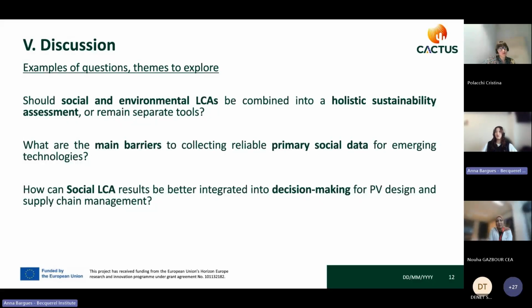What are the main barriers to collect reliable social data for innovation and emerging technologies? And also lastly, how can social LCA results be integrated into decision-making, policy-making decisions?